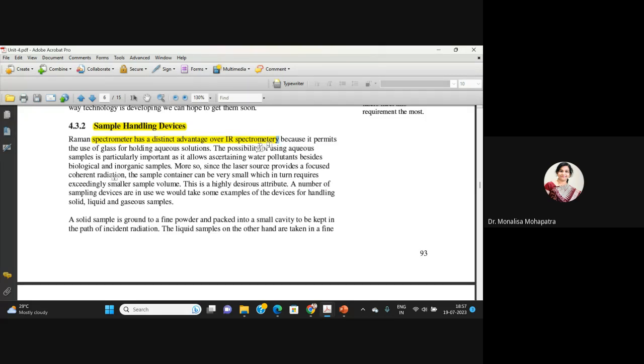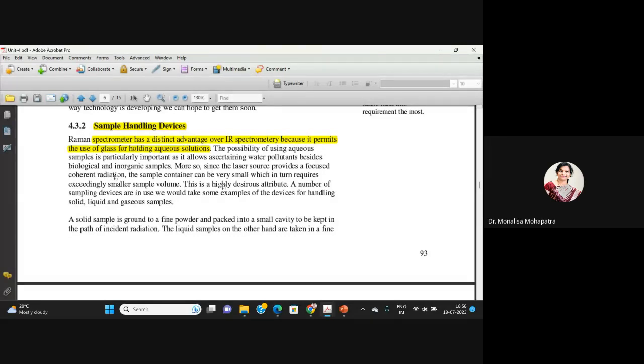Wherever you are using radiation, photon, you can use the term photo also. There is nothing harm in that. The Raman spectrometer has a distinct advantage over IR spectrometry because it permits the use of glass for holding the aqueous solution.